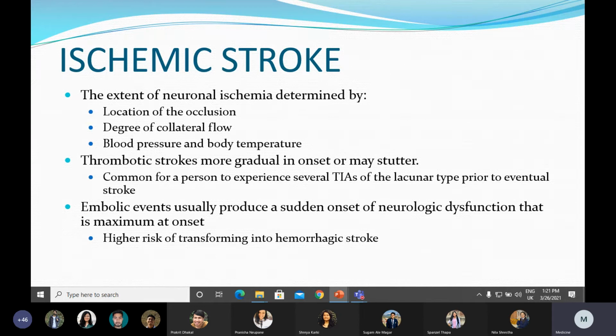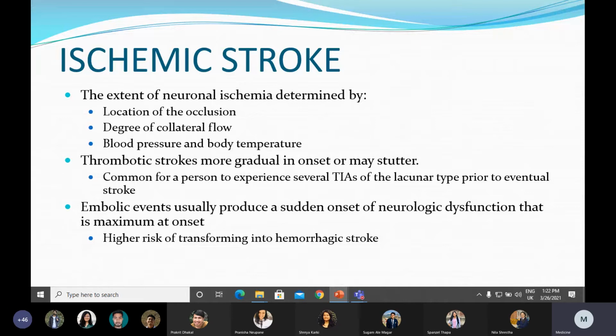Whenever we look at the patient with the stroke, our main aim would be to find where is the occlusion, whether it's ischemic or hemorrhagic, which artery is involved, where is the location, and what is the etiology.